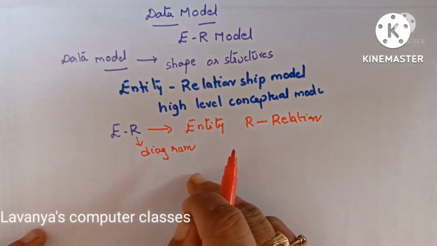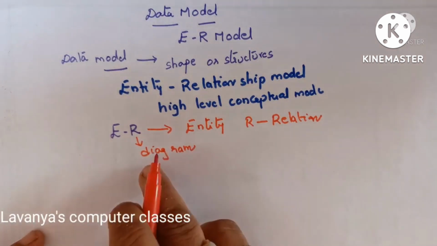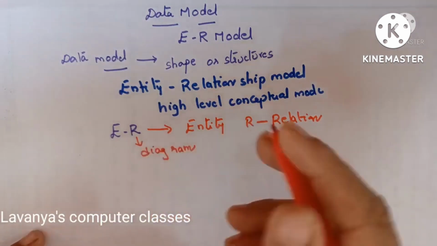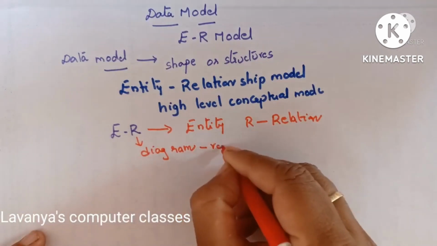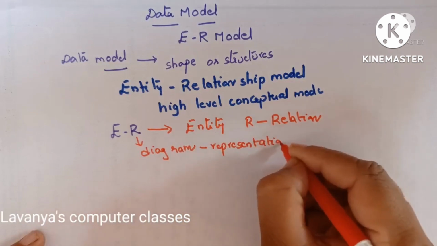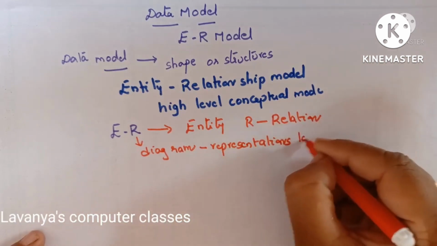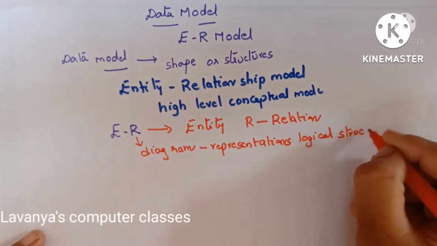These two are the diagrammatic representation of the entire database design. The diagrammatic representation of any ER model is called an ER diagram. It is the diagrammatic representation of the logical structure of the database.